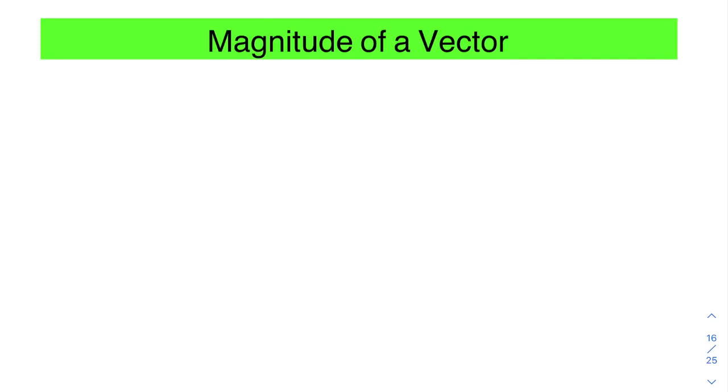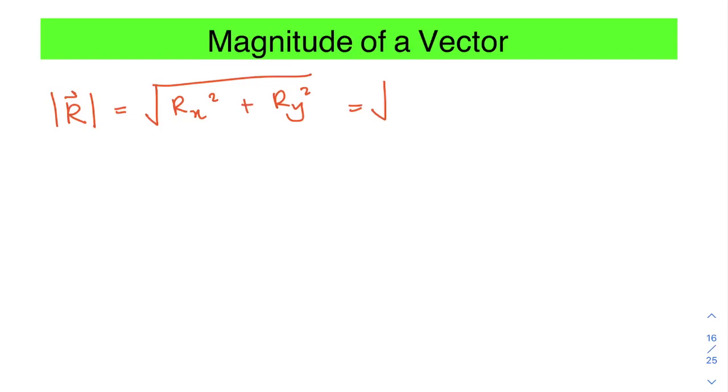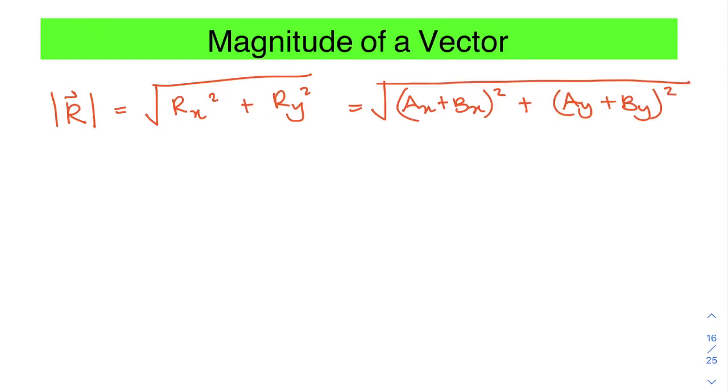Magnitude of a vector. When you want to calculate the magnitude of your R just now, the modulus symbol here represents the magnitude. You use the Pythagorean theorem: Rx squared plus Ry squared, where Rx is Ax plus Bx, squared, plus Ay plus By, squared, all under the square root.